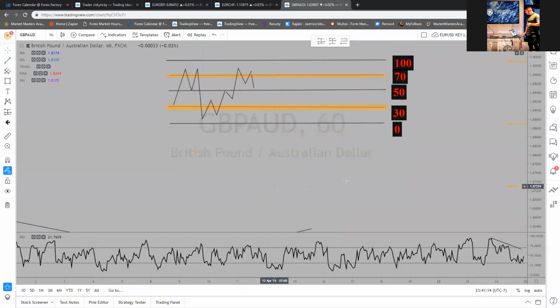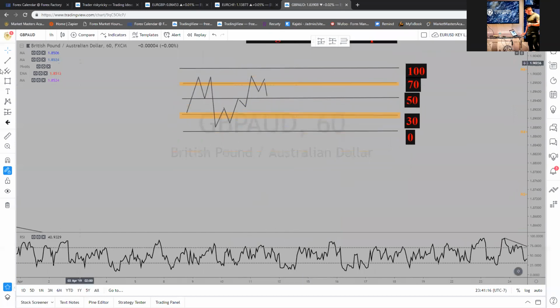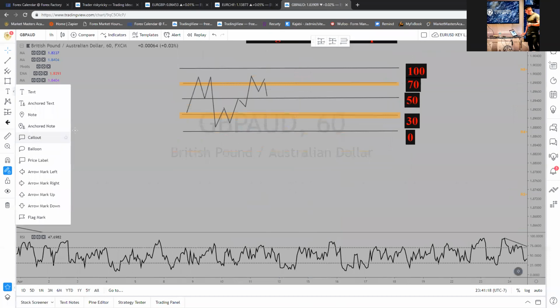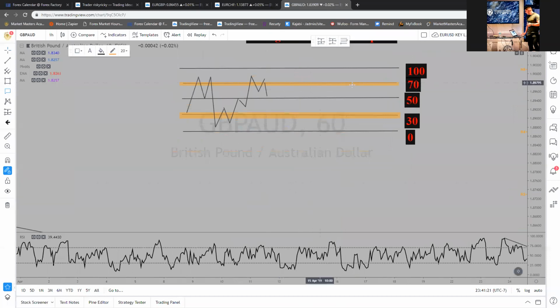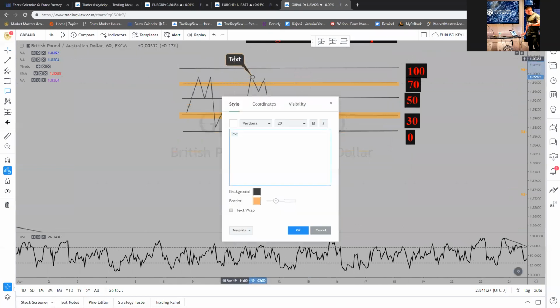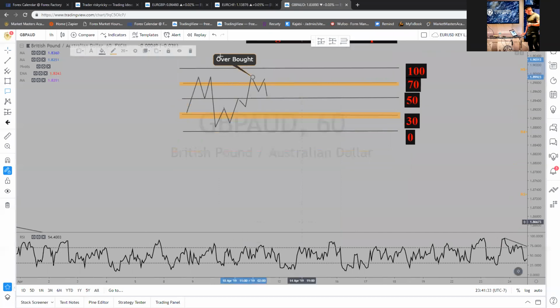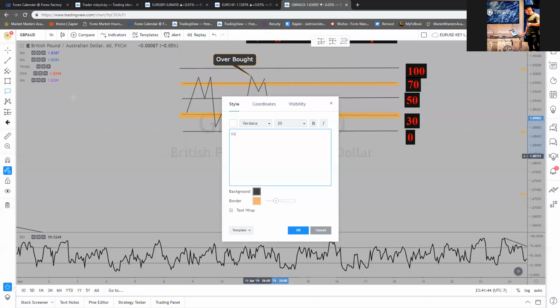So pretty much, this is what it is. When the price is above the 70, like in this area right here, when these lines are above the 70, that means price is overbought. And usually when it's in the overbought, that means price is getting ready to drop down. Then we have the 30 right here, which is oversold.